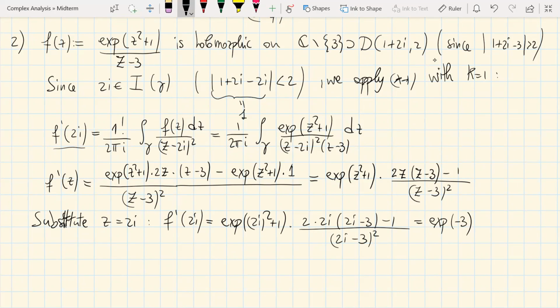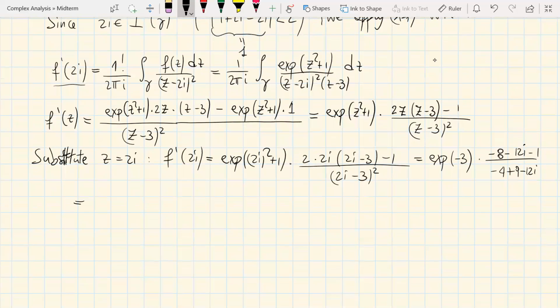So here we have the exponential of (2i) squared, that is minus 4, so of minus 3. And now here we have 4i times 2i, and this is minus 8. And then minus 12i minus 1. And then below we have minus 4 plus 9, and then minus 12i.